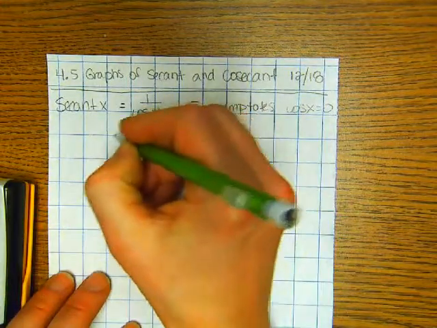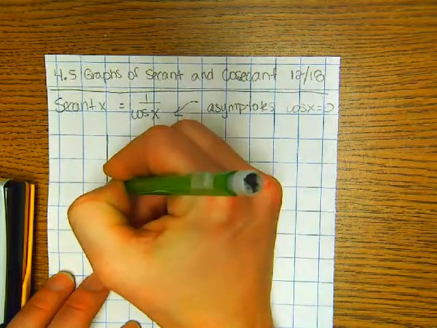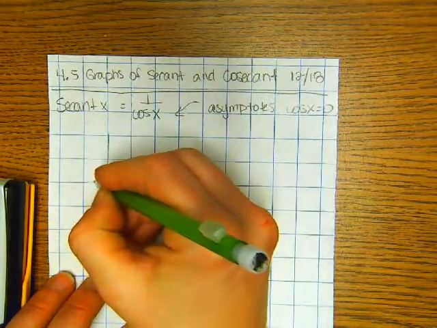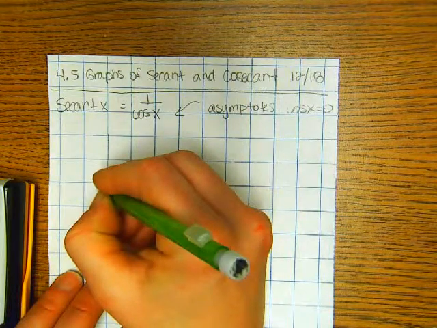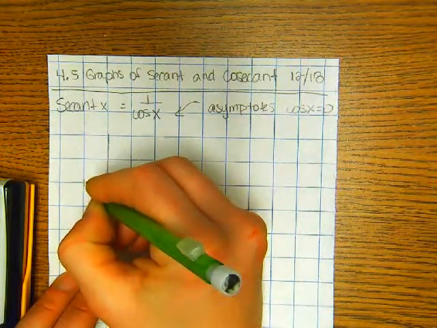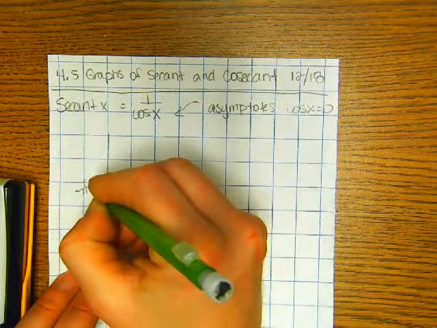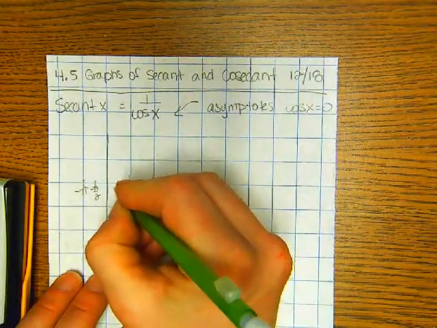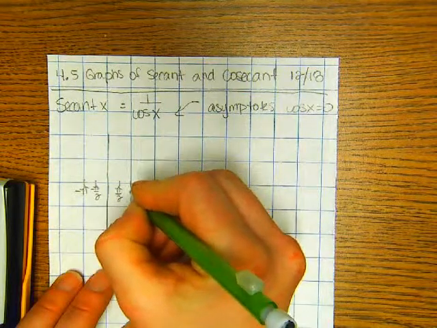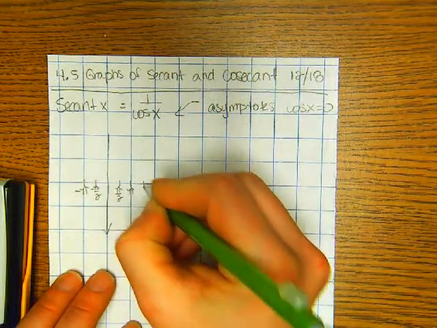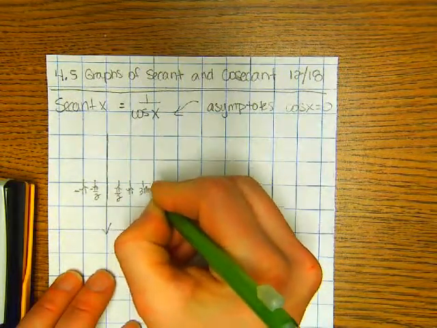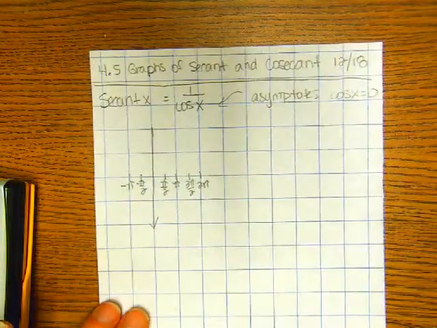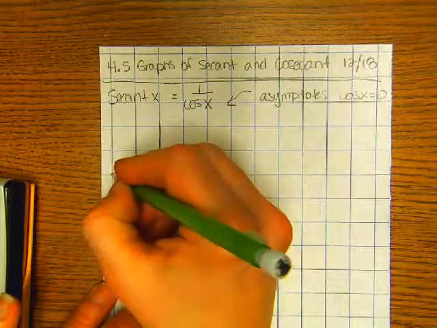So let's sketch a picture of the graph. I'll go negative pi, and then this would be negative pi halves, positive pi halves, positive pi, 3 pi halves, 2 pi, and why don't I just go back the other way?